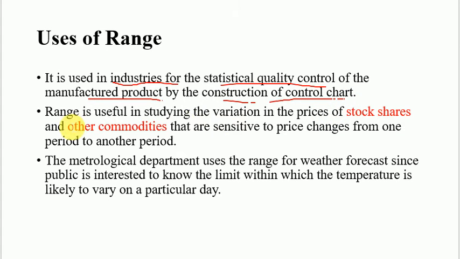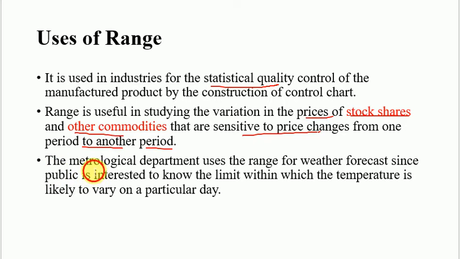And second, it is used for studying variation changes, such as variation in the prices of stock shares and other commodities, which are very sensitive to price changes from period to period. We can use it in the stock market to see how prices change.